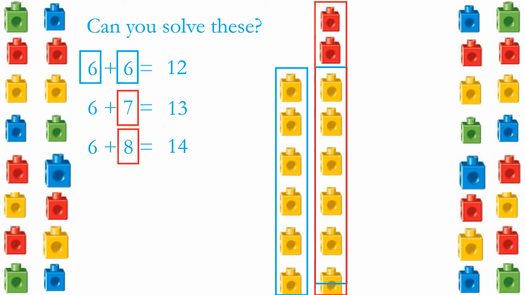We know that 6 plus 6 is 12. So 12, and then we just count on. Plus 1 is 13, plus 1 more is 14. That's why doubles facts are so important. We can build on them. We can continue counting from them. Okay, let's move on.